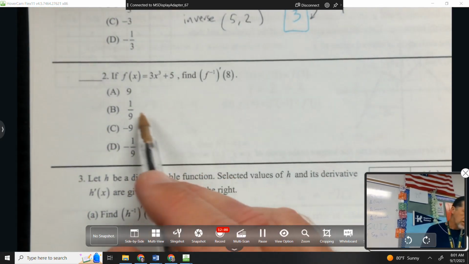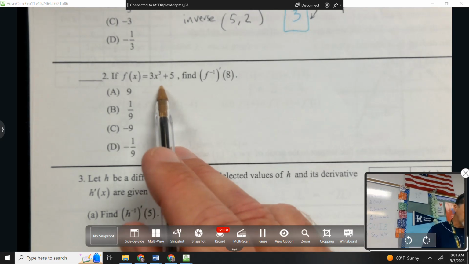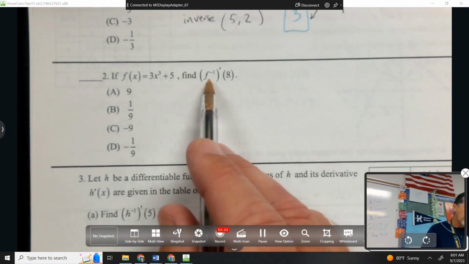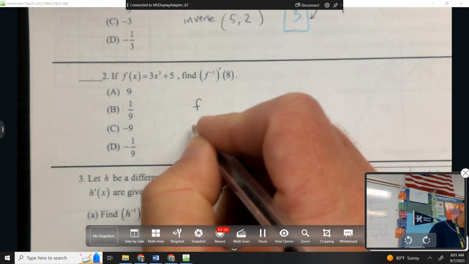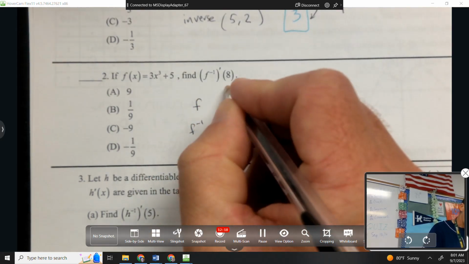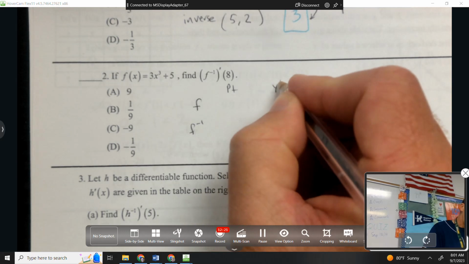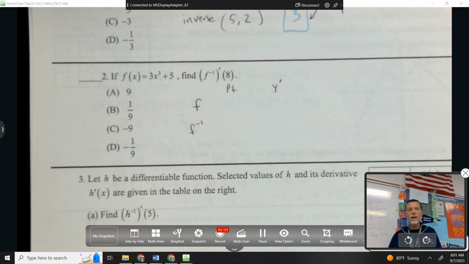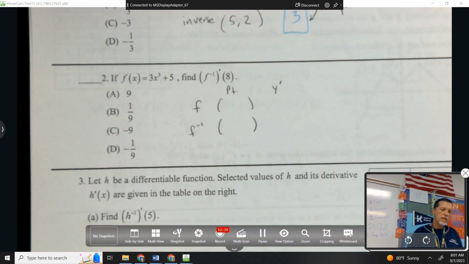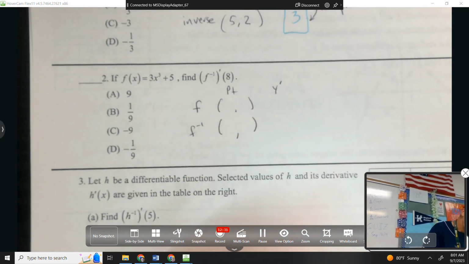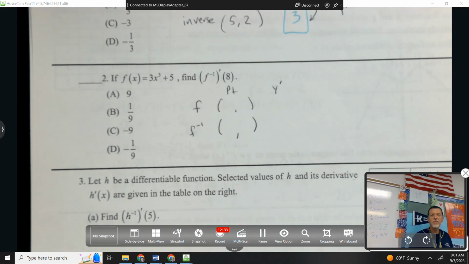Number 2. If f of x equals 3x cubed plus 5, find the derivative of f inverse at 8. Okay, let's organize our information here. Where does that 8 go? What is the 8?